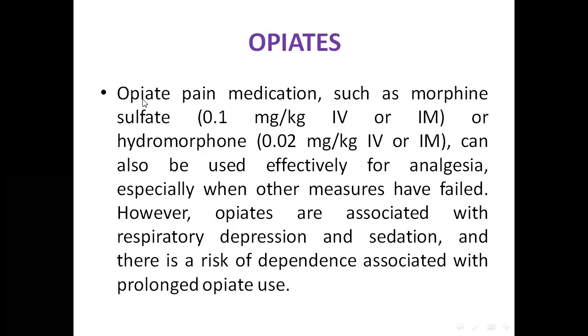Opiate pain medication such as morphine sulfate, 0.1 milligram per kg intravenously or IM, or hydromorphone, 0.02 milligram per kg IV or IM, can also be used effectively for analgesia, especially when other measures have failed.